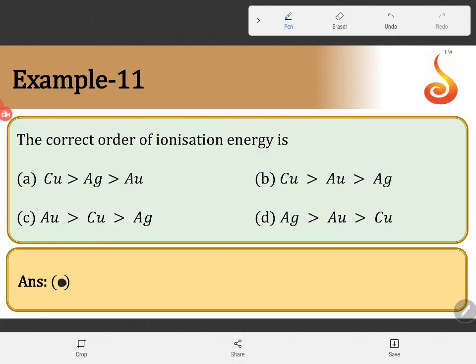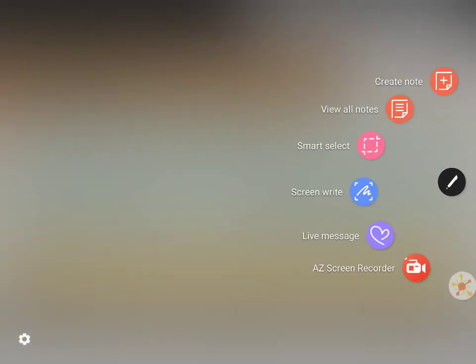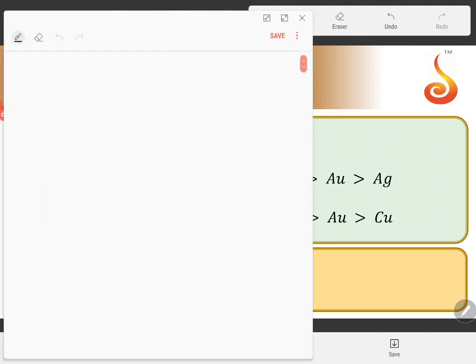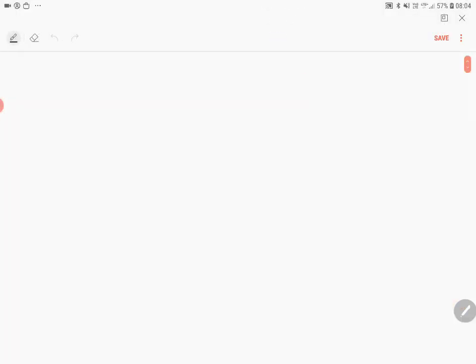The most important thing here is, if you are able to thoroughly follow the electronic configuration, then only you can write this correct. You can understand the correct option. Now write the electronic configuration of copper: argon 3d10 4s2.